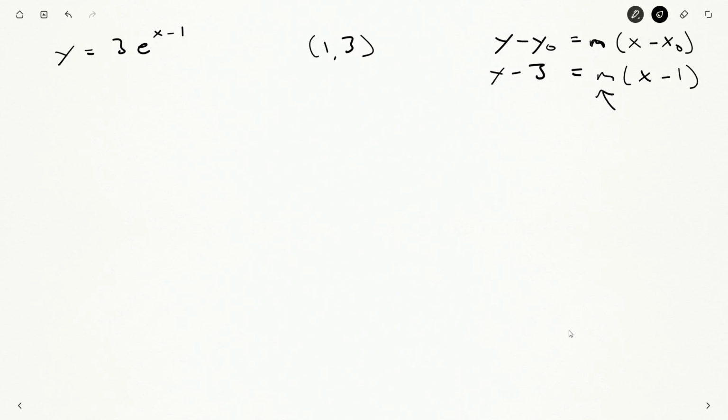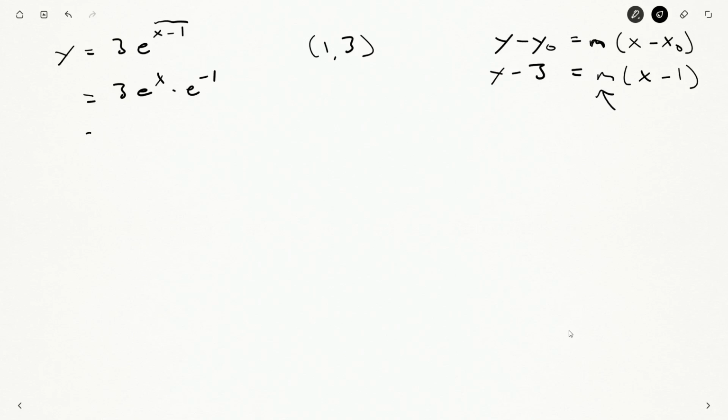We take the derivative. So what's the derivative of 3e to the x minus 1? Well, we could do chain rule if we wanted to. There's an x minus 1 function inside here. Another thing we could do is, well, it's 3e to the x times e to the minus 1. Remember, adding and subtracting exponents can turn into multiplication or division.